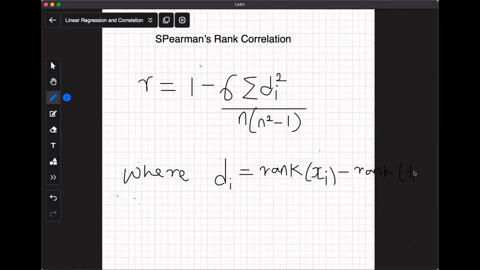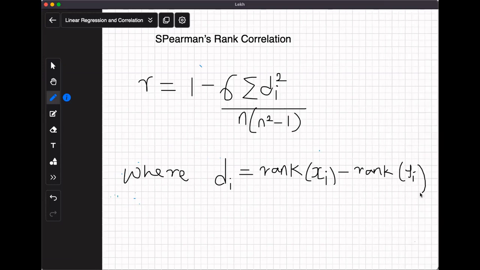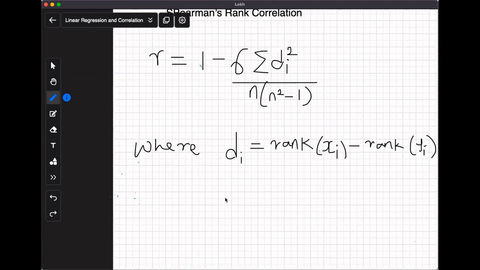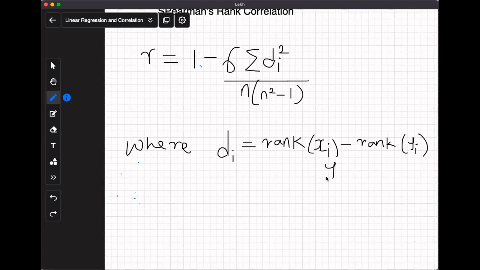yi. Now, for some of you who may be asking, what if we do it the other way, maybe rank of yi minus rank of xi? Well, the good news is that you are squaring your d. So even if you do it that way, you'll be correct. The only thing is that if you are doing rank of yi minus rank of xi, make sure that you are consistent with it all along.